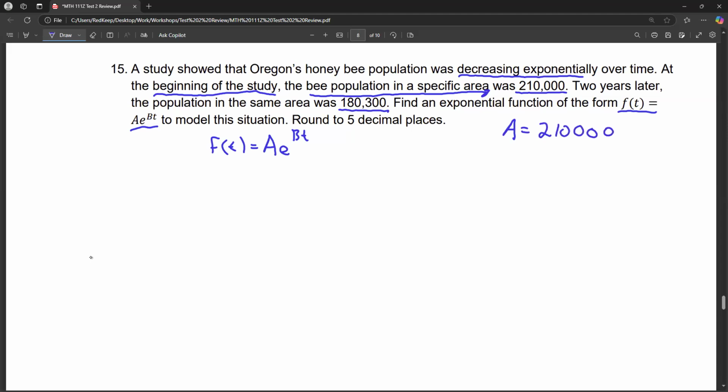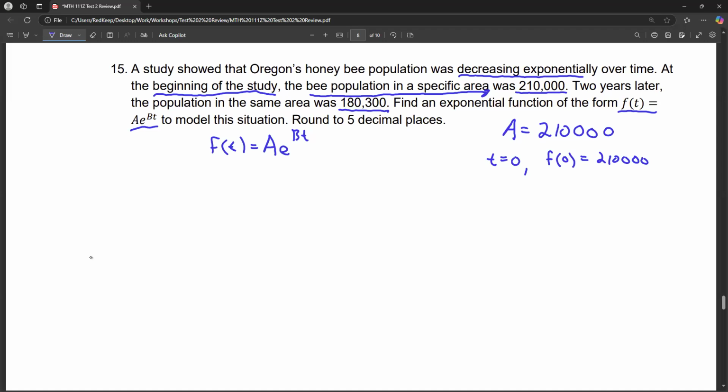If you don't believe me, plug in t equaling 0 into your equation. So f of 0 is equal to 210,000. I'll leave that to you to solve for your A if you need that extra evidence. It's totally cool if you do.